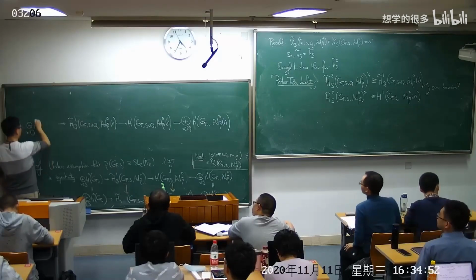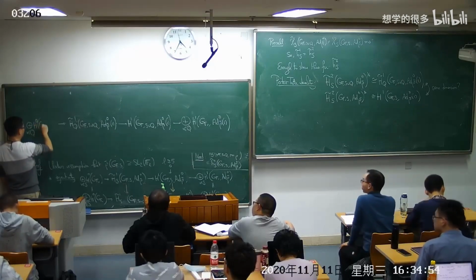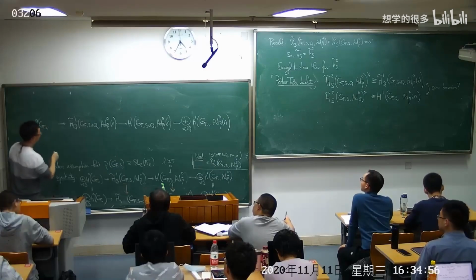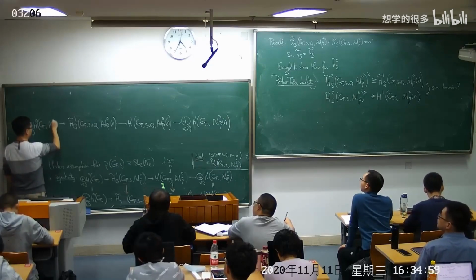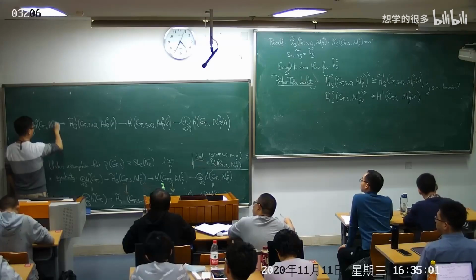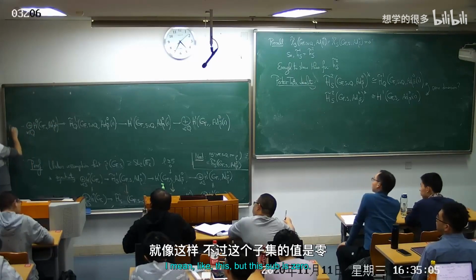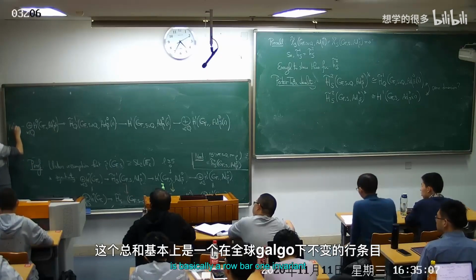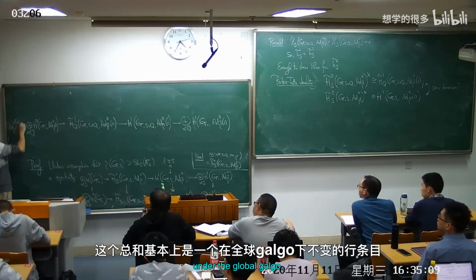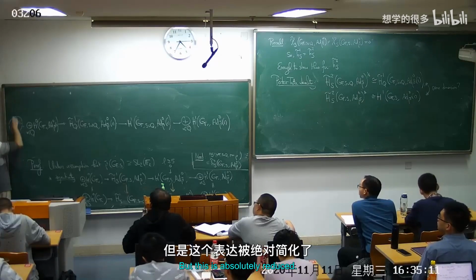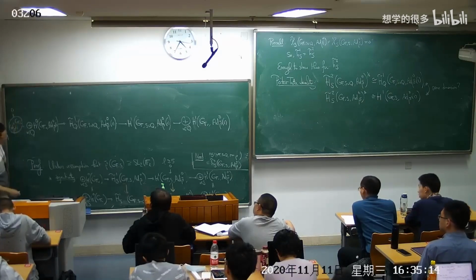H0. And this one has a sub, but this sub is 0. This sub is basically rho bar 1 invariant under the global Galois group. But this is absolutely irreducible, so it's 0. Doesn't matter.